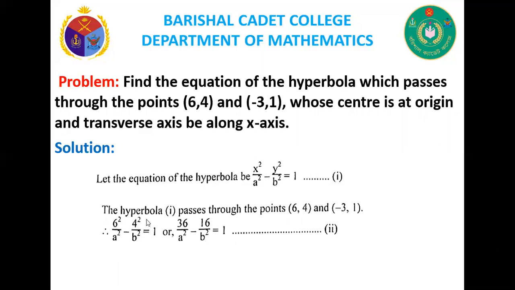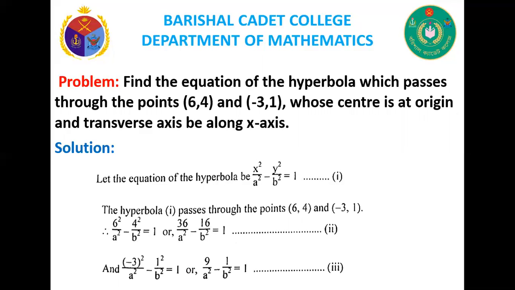You know 6 squared is 36, so write 36/a² minus 4 squared, this is 16/b², equal to 1. This is marked as equation number 2.